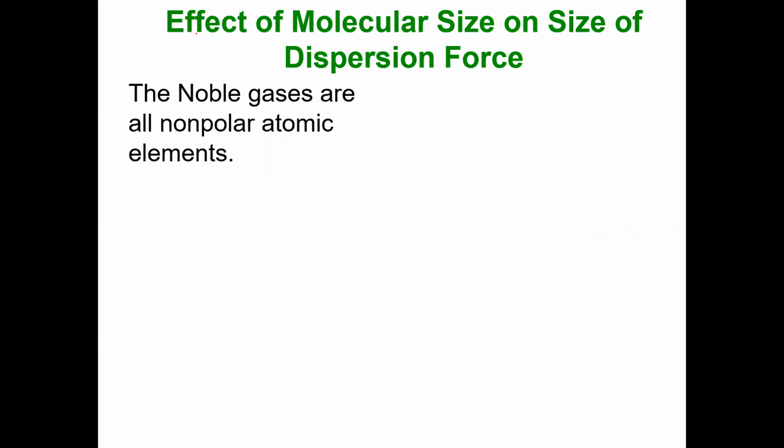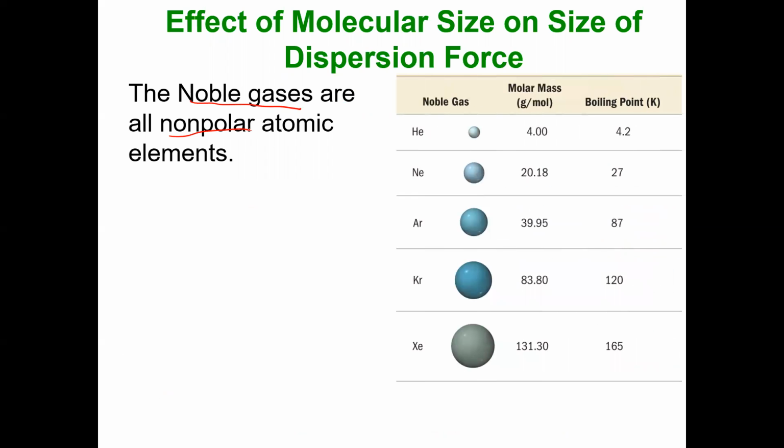So let's first look at the size of an atom and look at the strength of the dispersion forces. We'll take noble gases, and we know they're all nonpolar, so that's really simple. Here is an example. I have helium, going down the noble gases, group 8A or 18, to xenon. What I notice is the molar mass increases because I'm packing on more and more electrons in these energy levels.